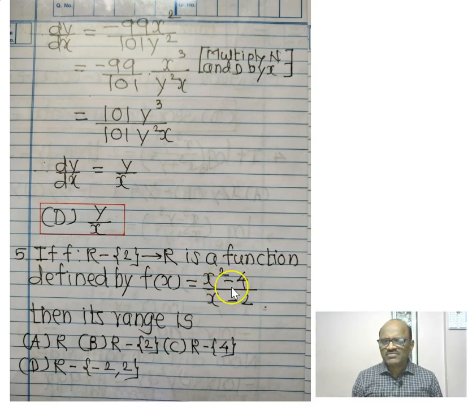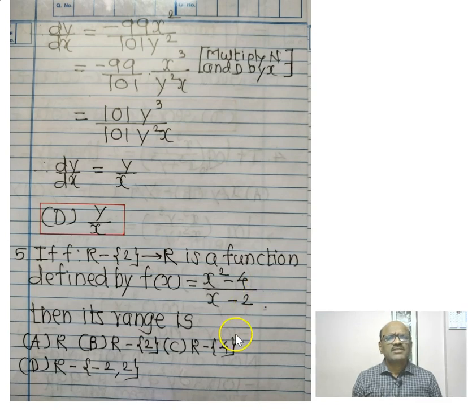X minus 2 in the first bracket and x plus 2 in the second bracket. Now x minus 2 gets cancelled, and then f of x is equal to x plus 2. Then what will the range be?